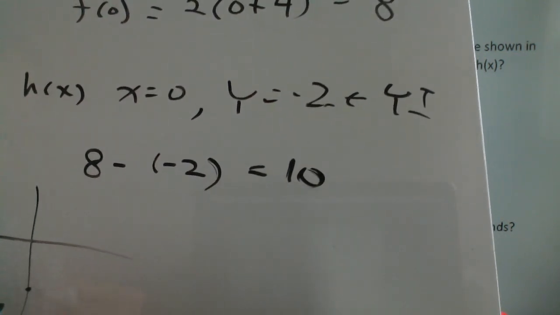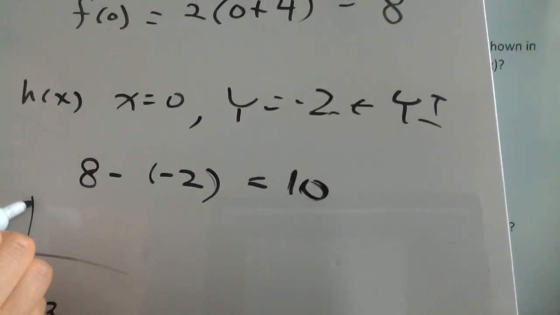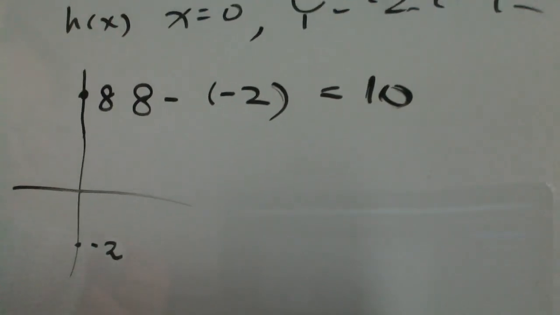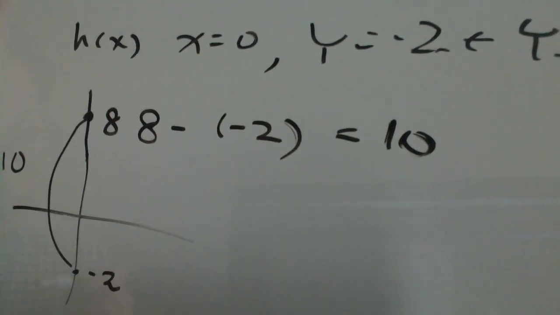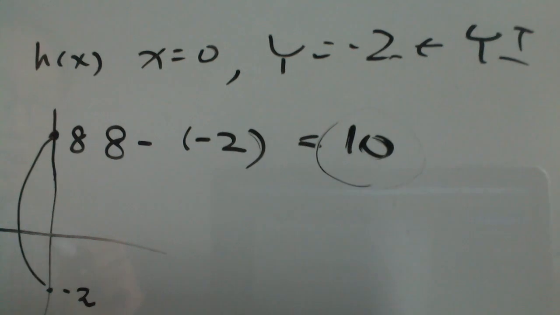One of the y-intercepts is -2. The other one is up here, 8. So how far apart are these? These are 10 units apart, right? So the answer is 10.